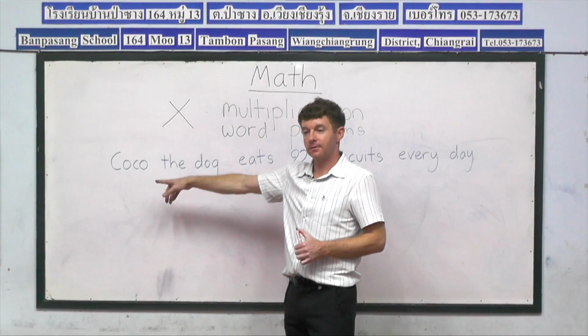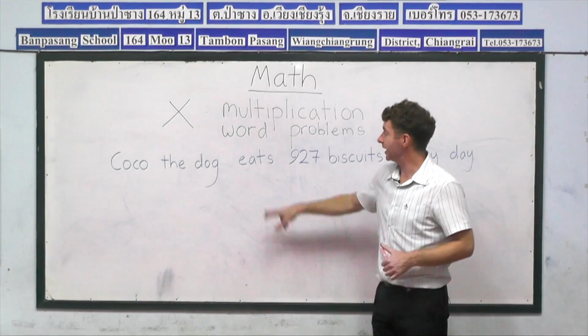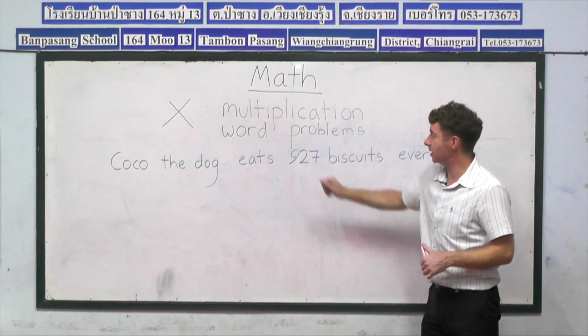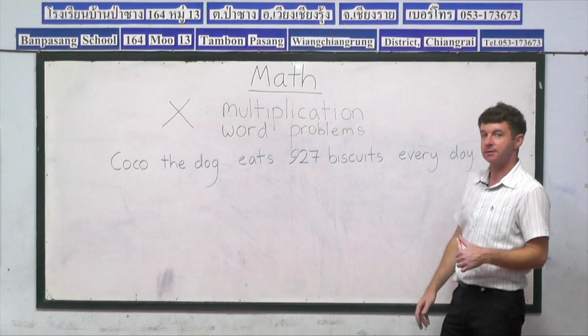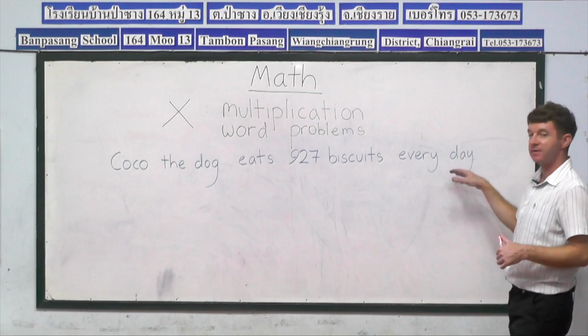Coco, the dog, eats 927 biscuits every day.